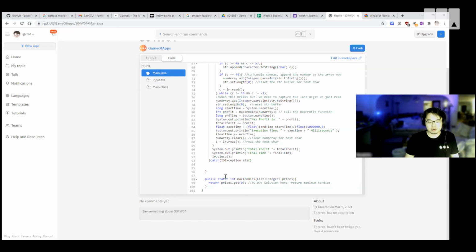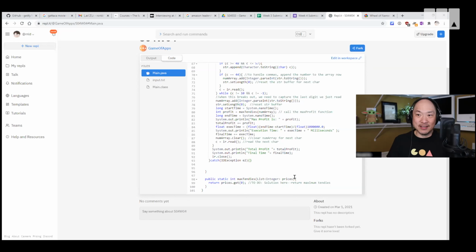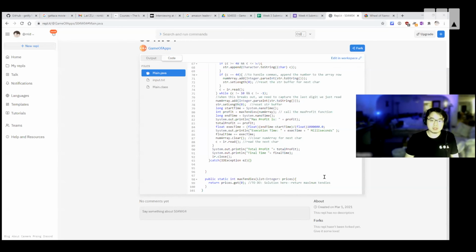Right now it just returns whatever is the first element in the price. Max profit will be called every time for every line. For each line, that's right. We take care of that for you.